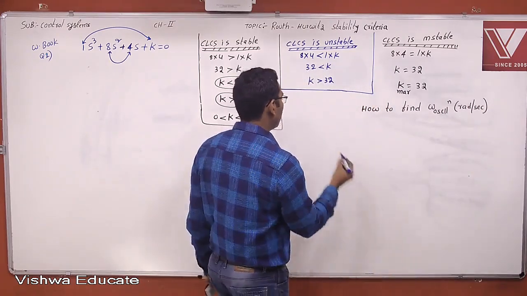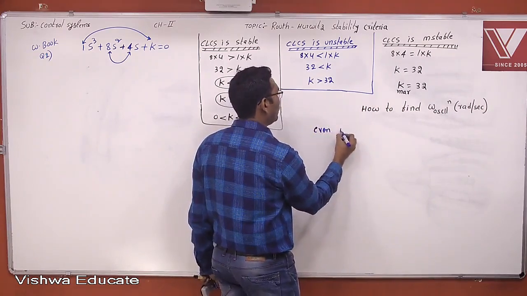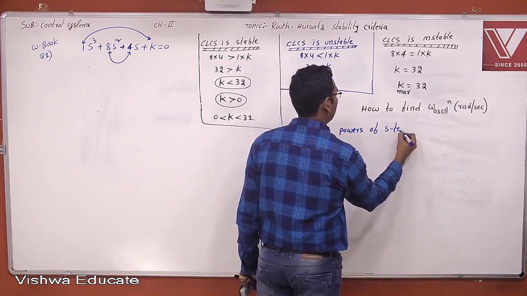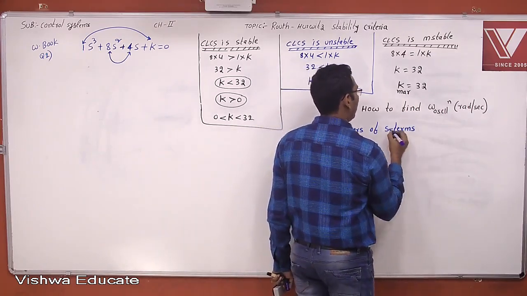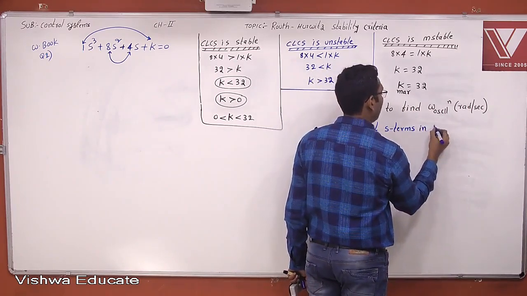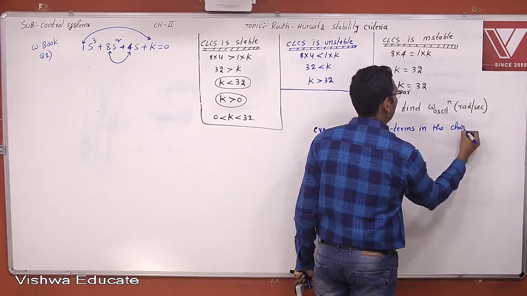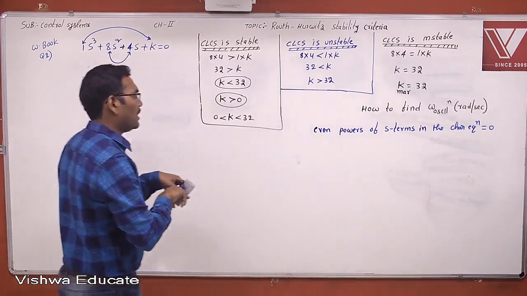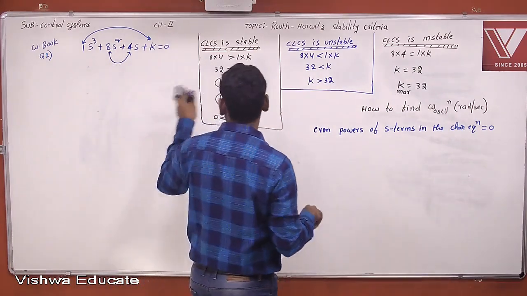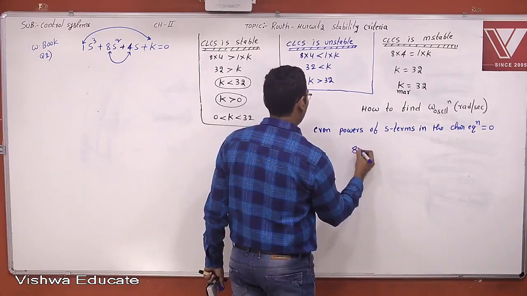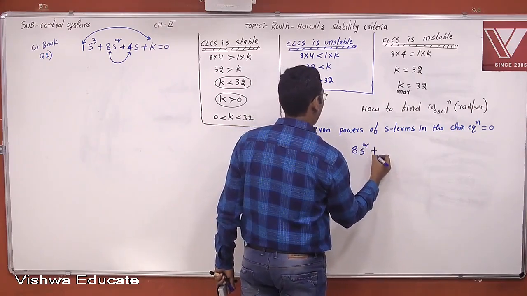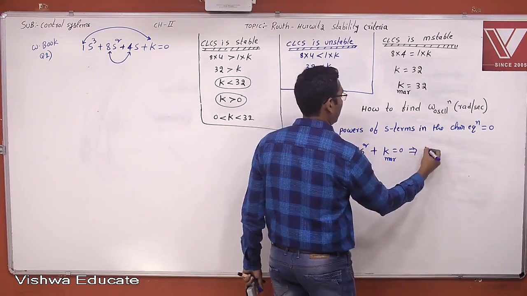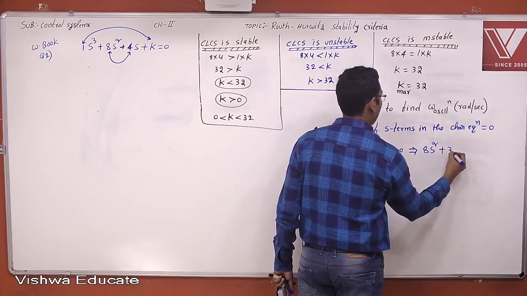To find the frequency of oscillations, set the even powers of S terms in the characteristic equation equal to 0. What is the even power of S terms in the characteristic equation? 8s square plus k equal to 0. This is k margin, which is 32, so 8s square plus 32.